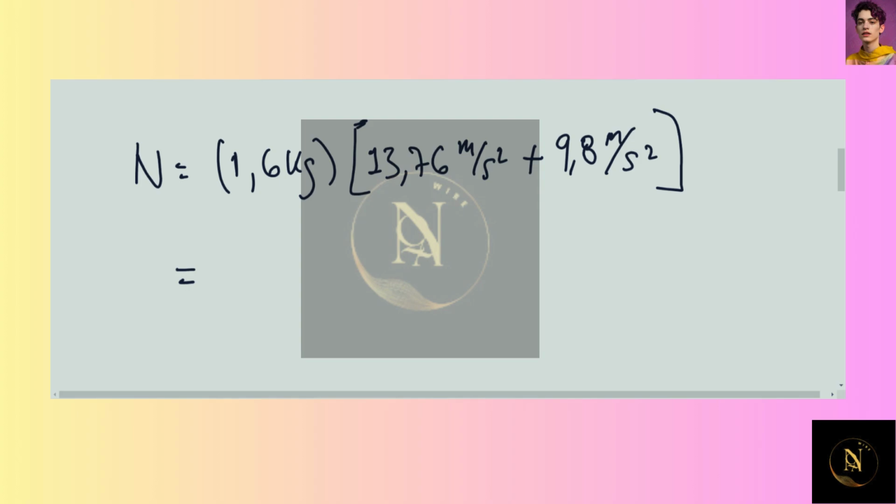Putting this into the calculator, we obtain 37.7 newtons. And this is the force that the floor is exerting on the power supply because it is inside the rocket that is traveling with an acceleration upward.